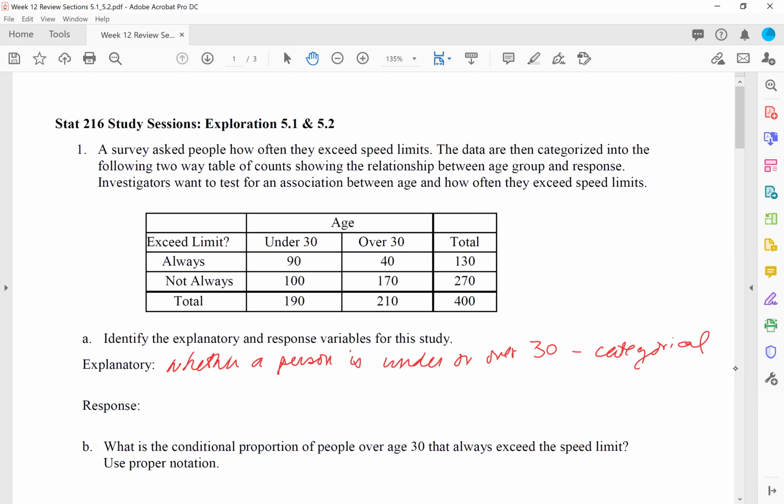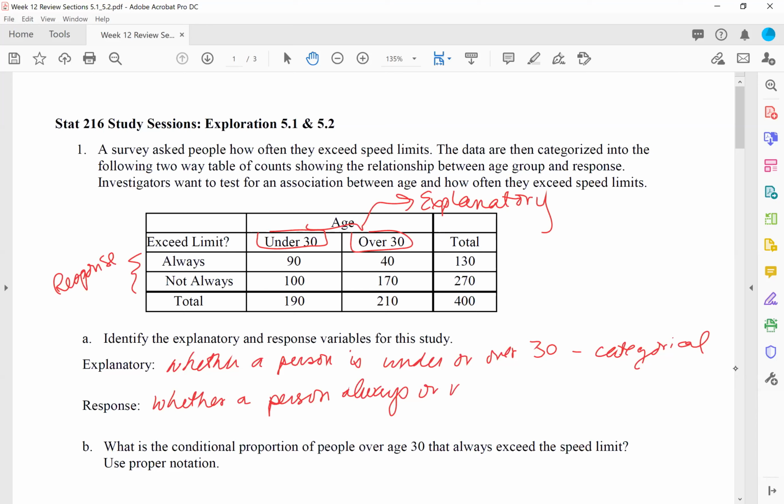The column headers are always going to represent the explanatory variable for stat 216, and this is going to be our response. So our response is whether a person always or not always exceeds the speed limit.